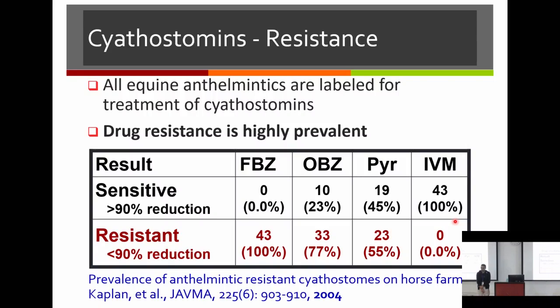So if you are not able to differentiate with the fecal egg count, how will you know whether you are treating cyathostomum or Strongyles? That's why PCR is the best method to differentiate first. Then you can make your plans, right? Because that is not the resistant one at all.